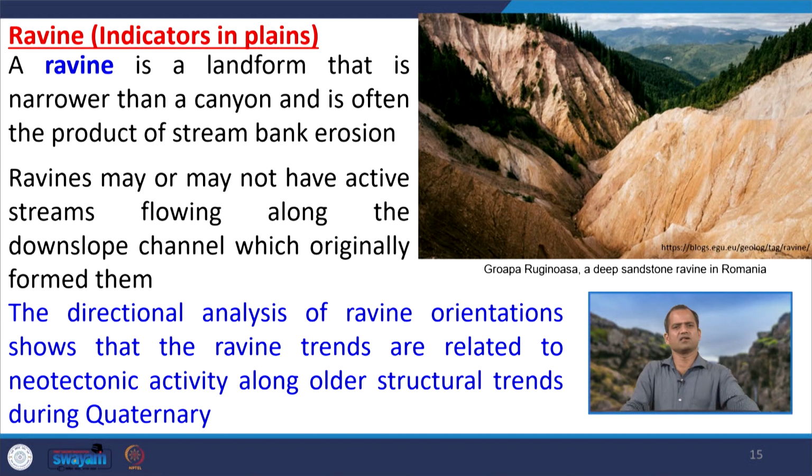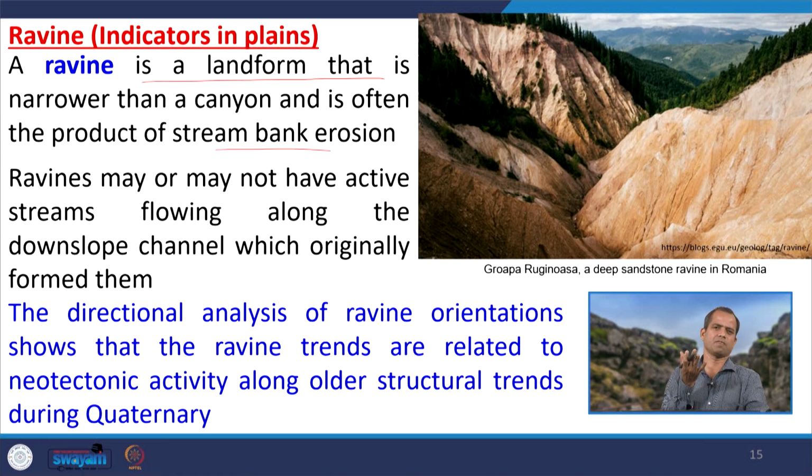Then another is the ravine. A ravine is a landform that is narrower than a canyon and is often the product of stream bank erosion, and more erosion means more activity. Why can a river cut deep inside? Because the region is uplifting, so the channels are cutting deep inside and incision is taking place.